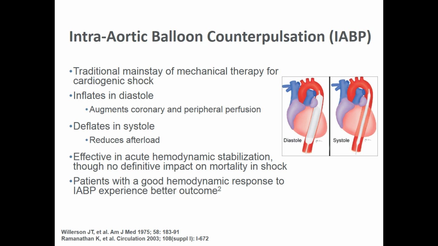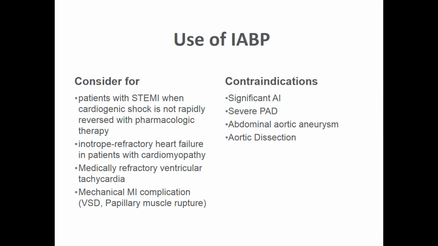The device has been shown to be effective in acute hemodynamic stabilization, although there has been mixed data regarding impacts on mortality. And it's clear that patients who improve hemodynamics on a balloon pump do have better clinical outcomes.